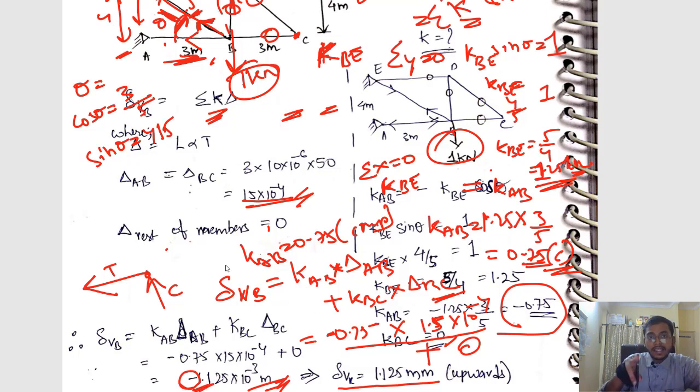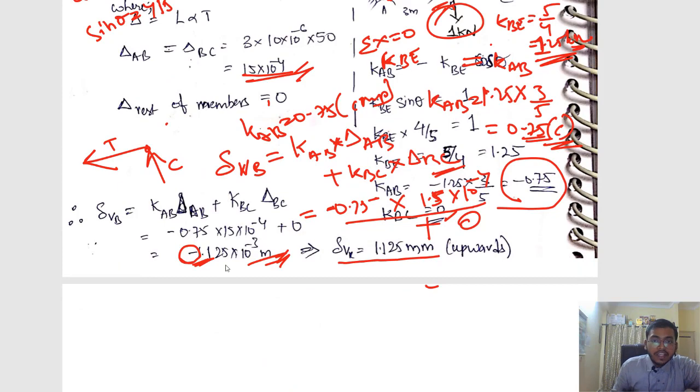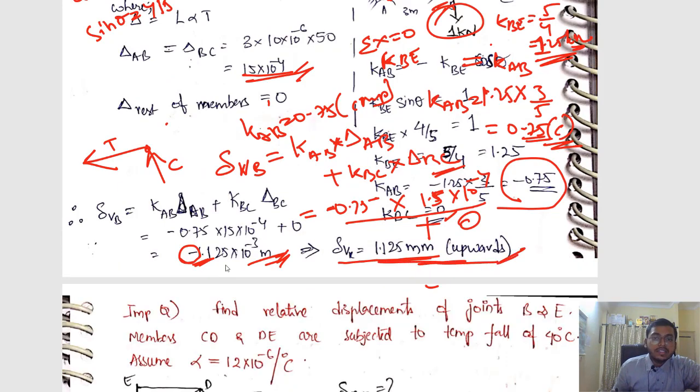That means as the temperature is rising, this joint B is going upwards. The structure is moving like this, you can say. I hope it is clear, right? So your deflection is 1.125 mm upwards.